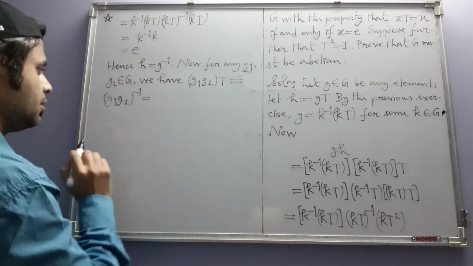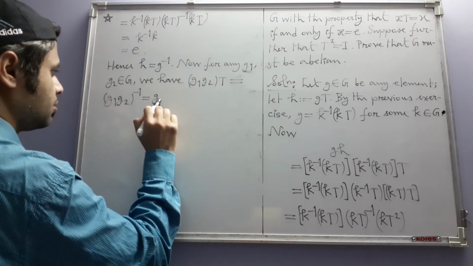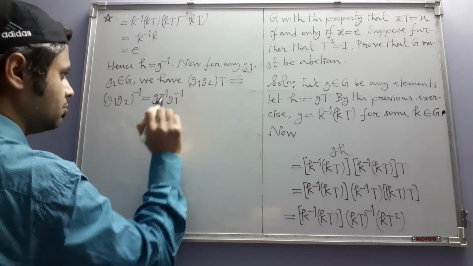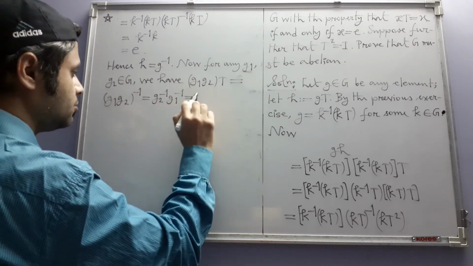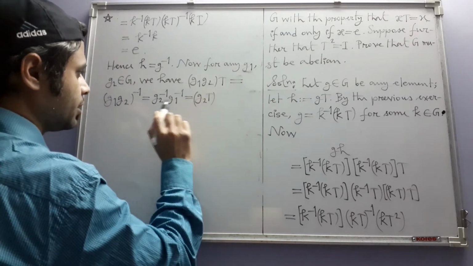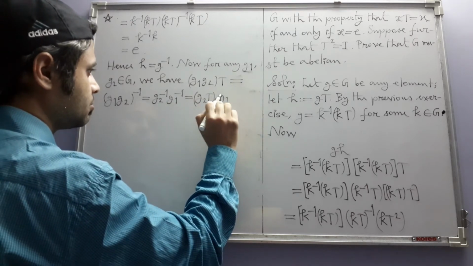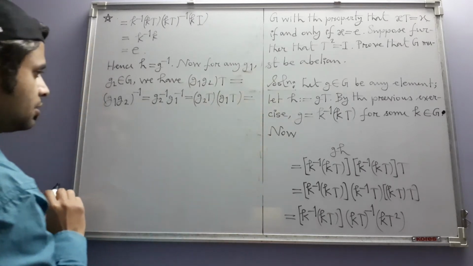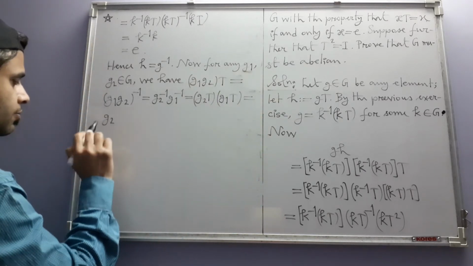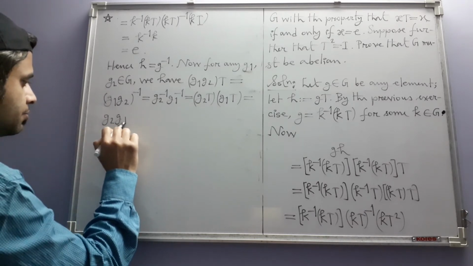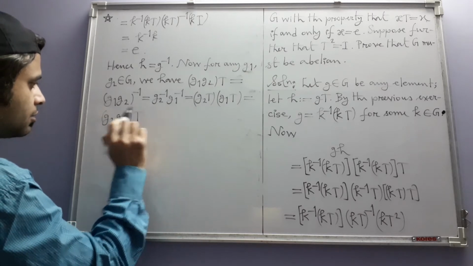And we know that in any group this thing is the same as G2 inverse, G1 inverse, but G2 inverse is G2T and G1 inverse is G1T. Because T is a homomorphism, the last thing is equal to G2 G1T.